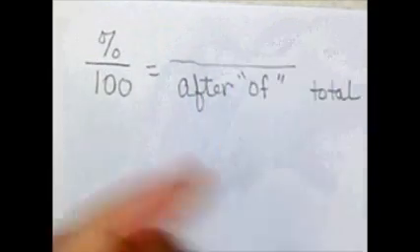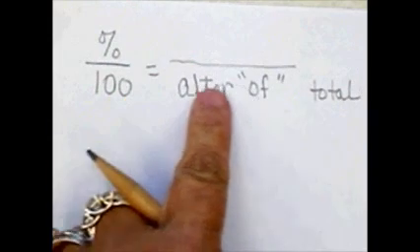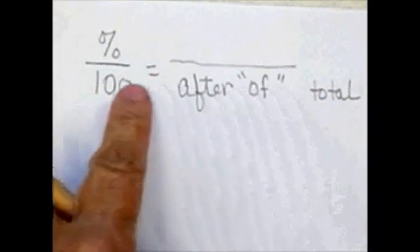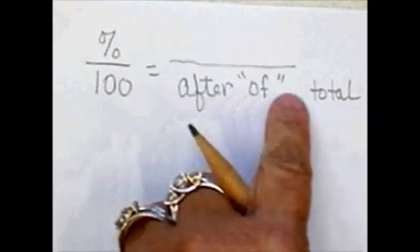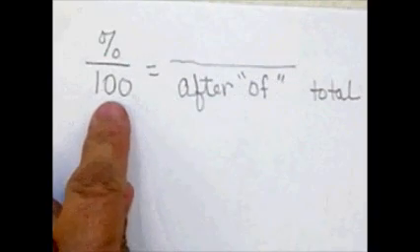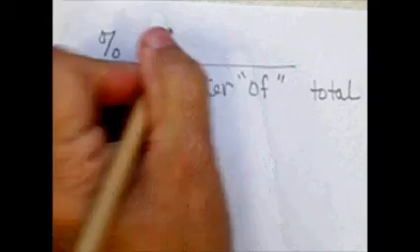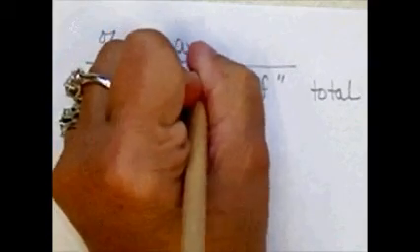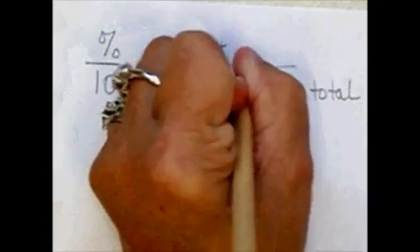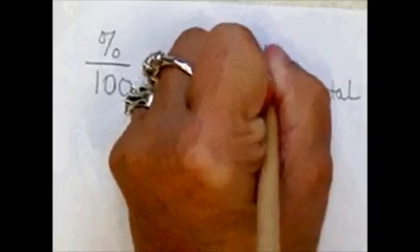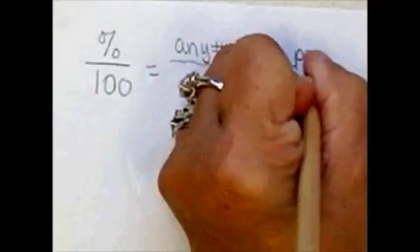So everything that's on the bottom is what's recognized as 100%. Now, the top part will be any number left in the problem, or the part. Okay, because the percent of 100 is part.